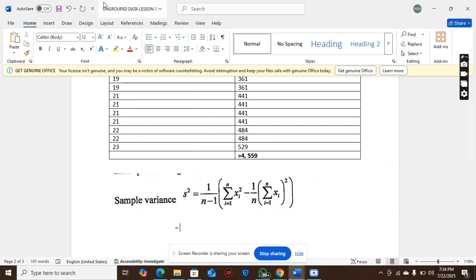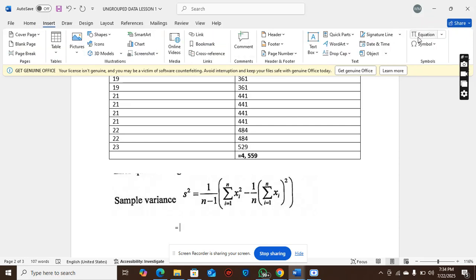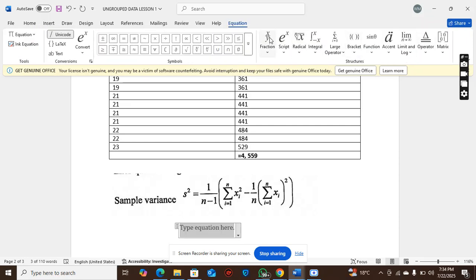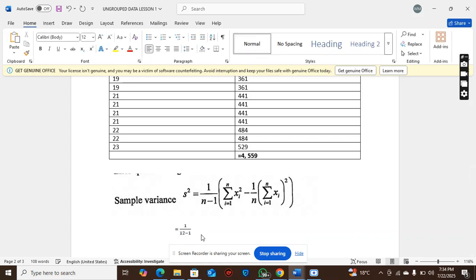So you have 1 over n minus 1. n is 12. So 1 over 12 minus 1, open brackets, summation of x squared.